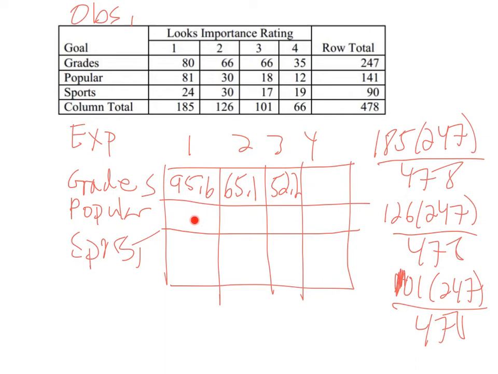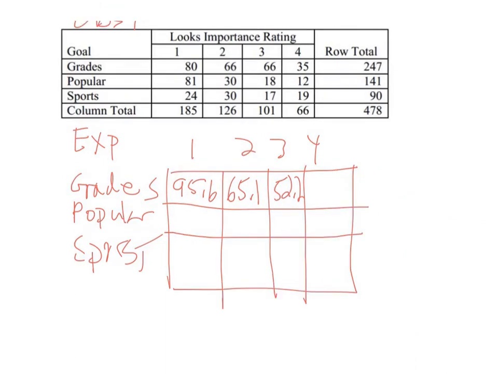So how do we fill in this next row? Well, I'm still in column 1, but now I'm in row 2. We want row 2, we're in the popular category, right?